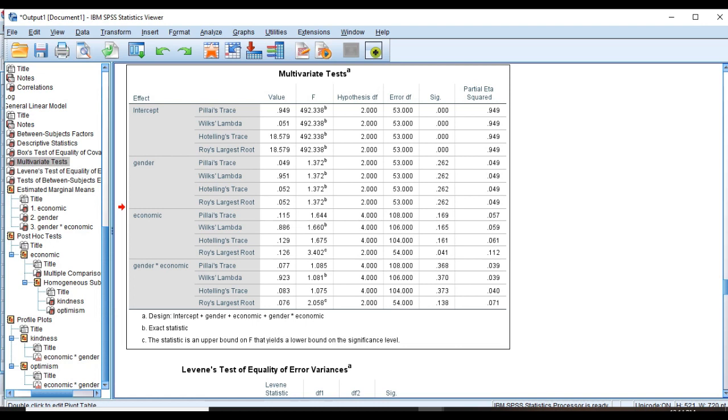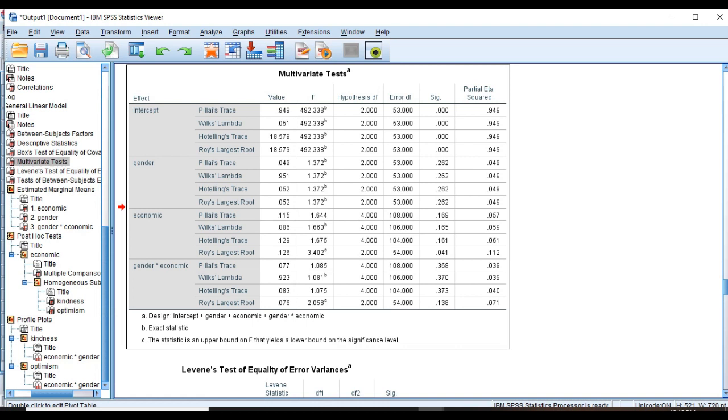And also the p-value for gender is 0.262, and its partial eta squared is 0.049, and it is also not statistically significant, small. So it says that the combination of kindness and optimism is not different across levels of economic, and also the combination of kindness and optimism does not differ by gender.